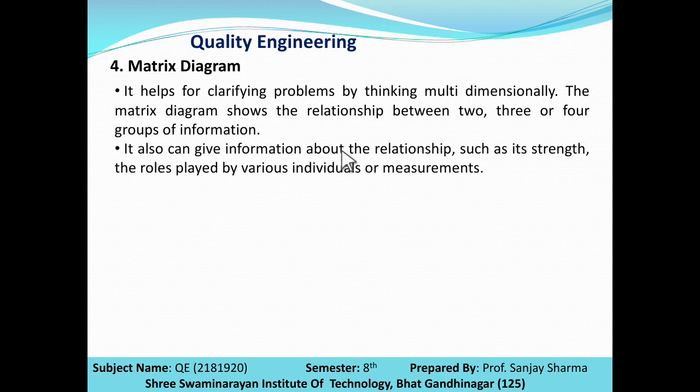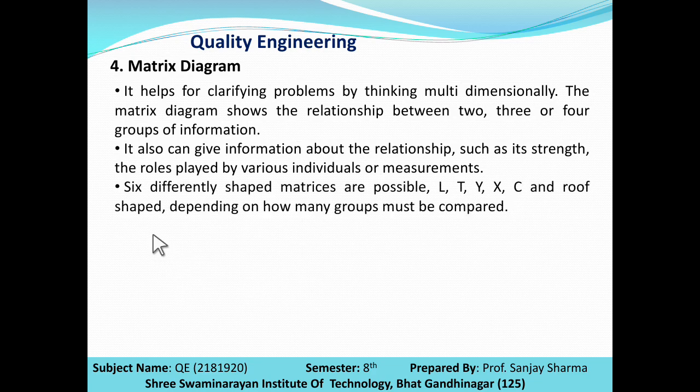It also can give information about the relationship, such as its strength, the roles played by various individuals, or measurement. Six differently shaped matrices are possible, depending on how many groups must be compared.